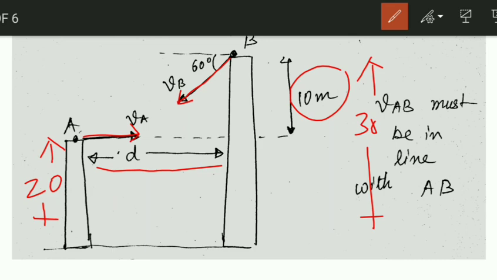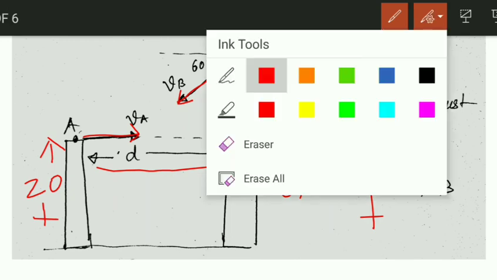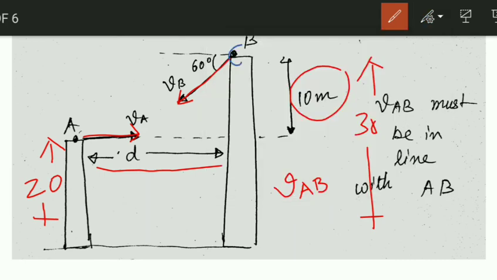Now suppose we want to find VAB, that is relative velocity of A with respect to B. That means we will assume that B is at rest, and now if B is at rest, the relative velocity of A with respect to B must be in the direction of the line joining A and B. Then only the projectiles will collide.